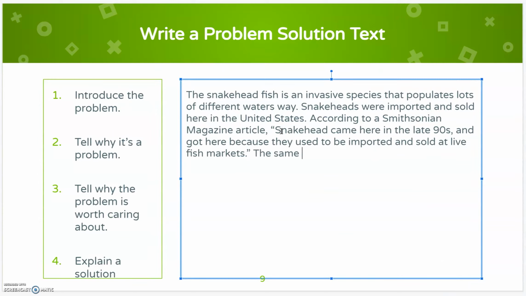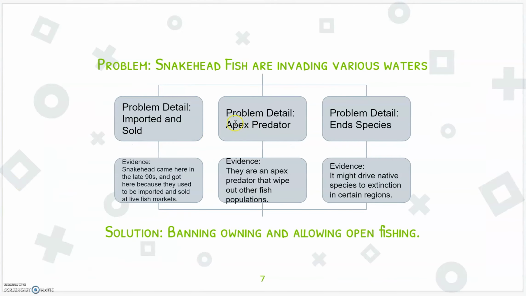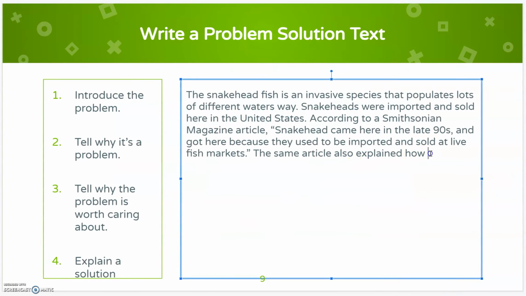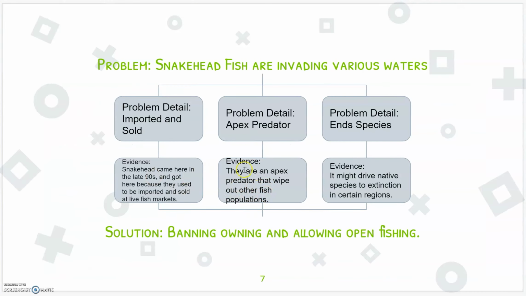The same magazine, the same article, also explained how they're an apex predator. I'm actually not going to use my evidence here because I summarized it when I extended this. So when I made this a full sentence, I was paraphrasing this information, which is perfectly fine.